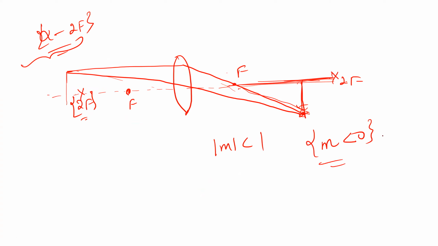V by u will be negative here because the image is on one side and the object is on the other side, right? So the magnification will be less than 1. The image is inverted, real, and small in size.